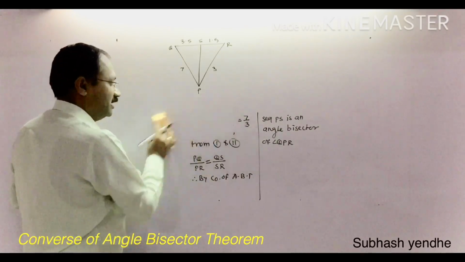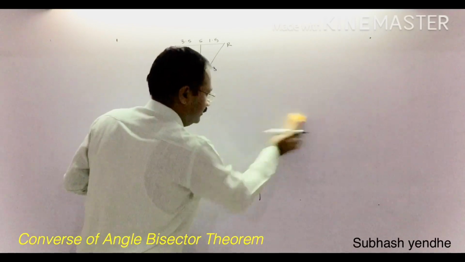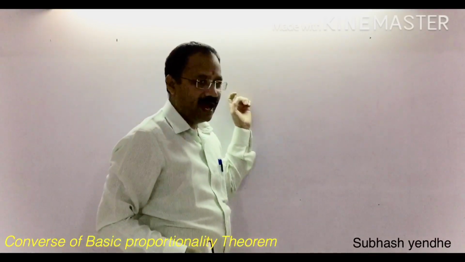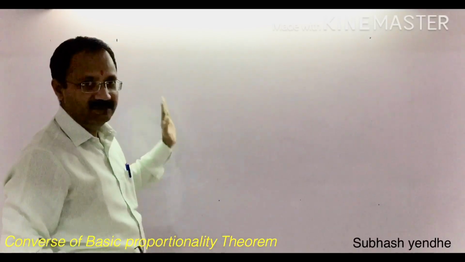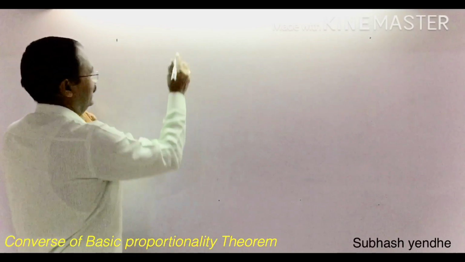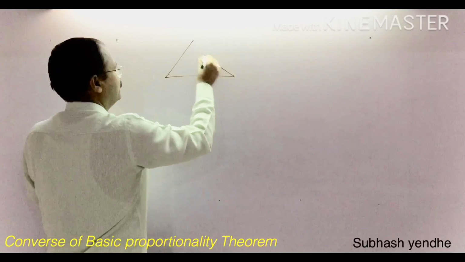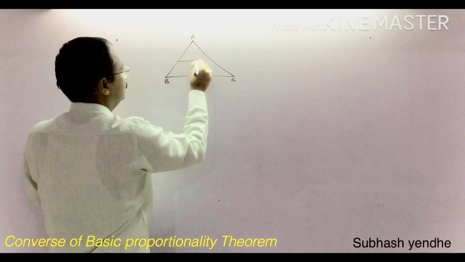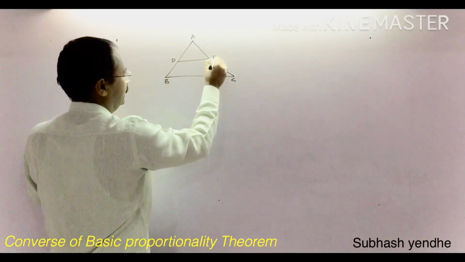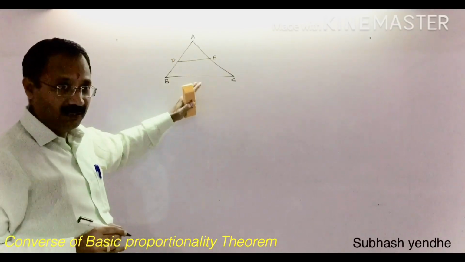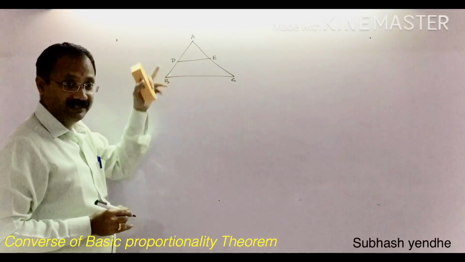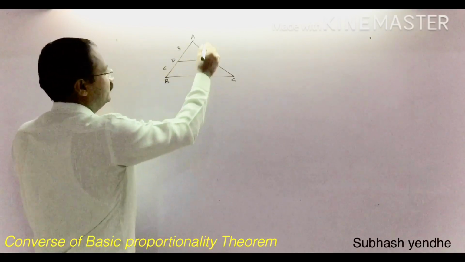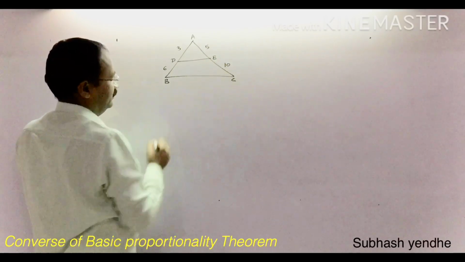Now, we are going to see the sum which is related to the converse of BPT, meaning basic proportionality theorem. Now see this. This is triangle ABC. This is segment DE. It is not given as parallel. You have to prove whether it is parallel or not. The values are given 3, 6, 5 and 10.